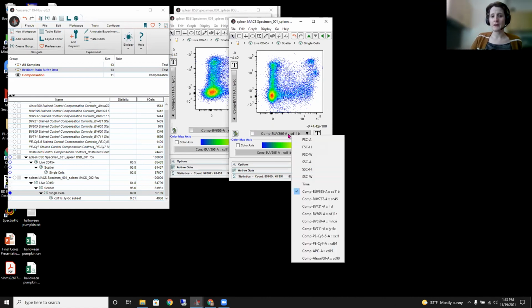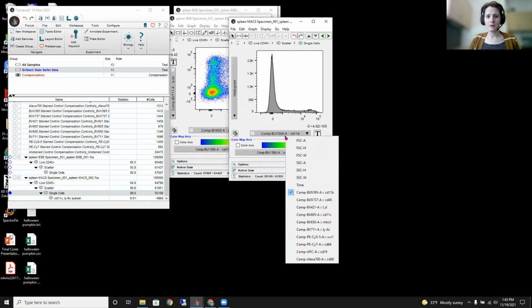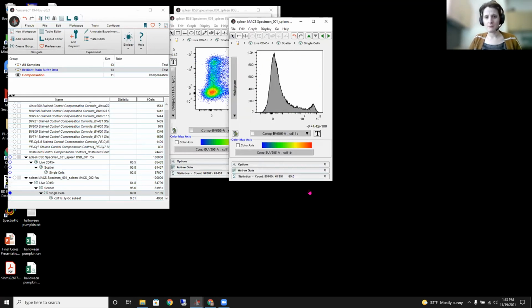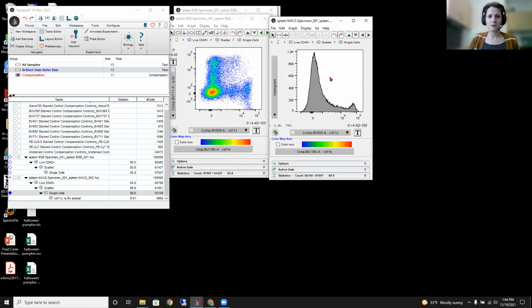But if we just went ahead and looked at, not my favorite, but a histogram, you're seeing this tail, and the marker that you're seeing that spread into was actually the BV605. You might have this population that you're assuming is BV605 intermediate, but it's the spillover from that other detector, and you're making a false assumption.